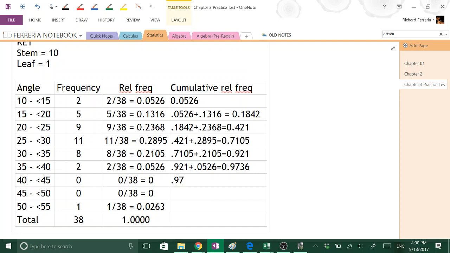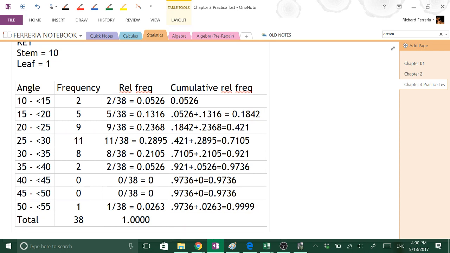Take that 0.9736, add 0 to it. Oh, and we don't get to 1, we get to 0.9999.